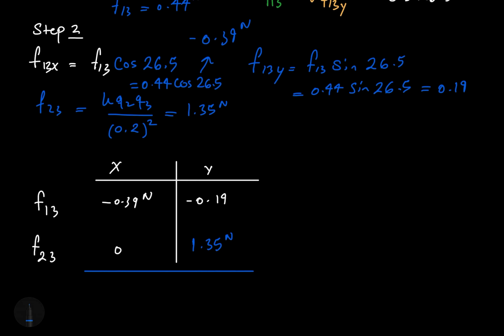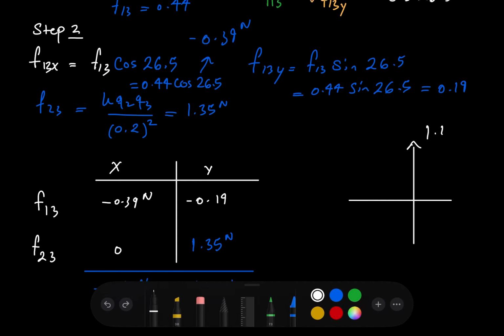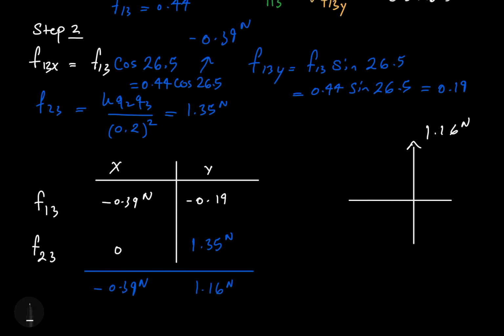So the total amount of these forces is negative 0.39 newtons in the x direction and 1.16 newtons in the positive y direction. So the forces are going to act in such a way where you have 1.16 going up, and then the negative 0.39 newtons going to the left.